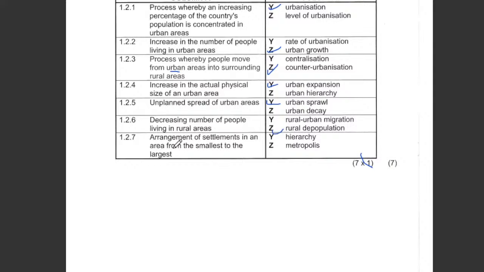Then the arrangement of settlements in an area from the smallest is hierarchy, which is Y. So here we have Y, Z, Z, Y, Y, Z, and Y.